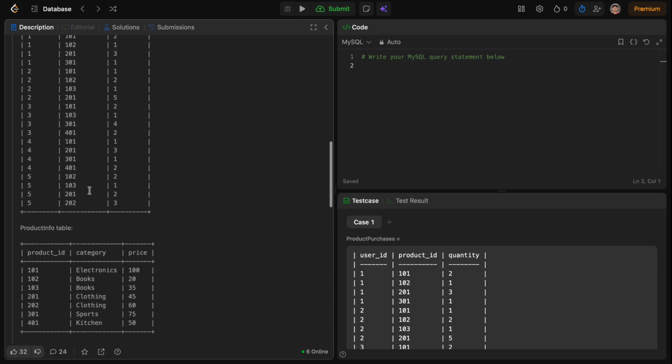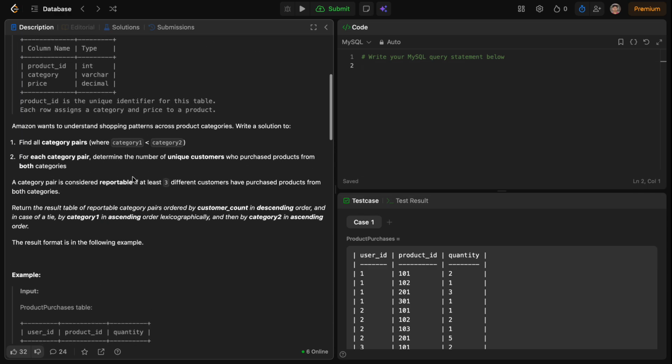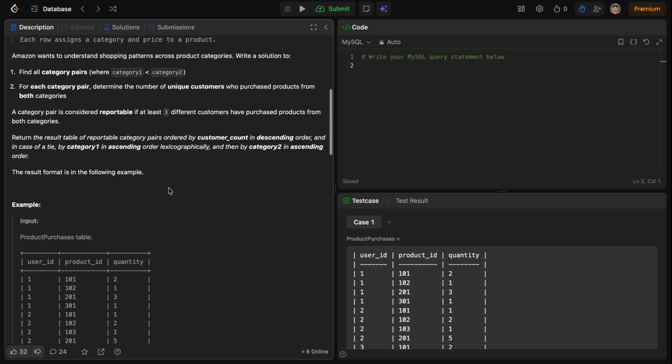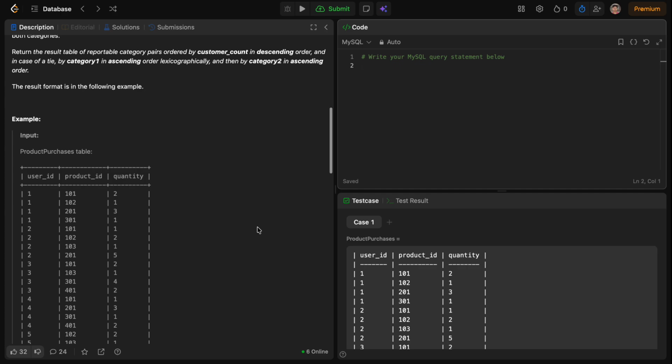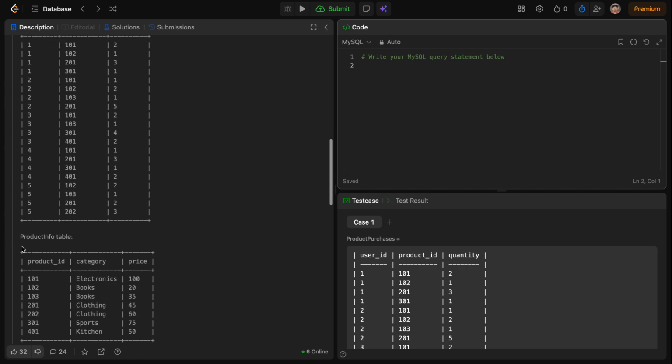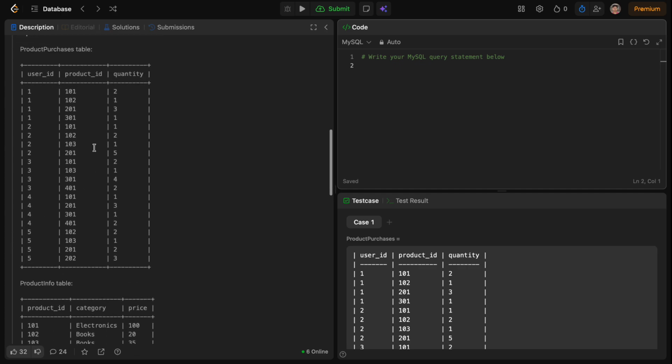If you see here, category 1 is less than category 2. The very first thing we have to do is extract the user ID, product ID and quantity with the category, meaning which category the product ID belongs to. So we join the product purchases table to the product info table based on the product ID.